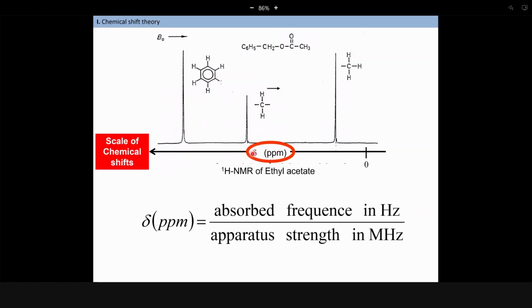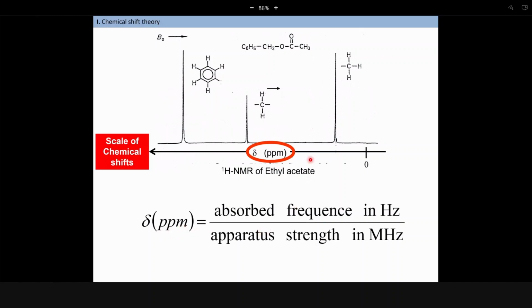And the unit is ppm, parts per million, and it comes from the division of the frequency of resonance of one peak by the value of B0 in megahertz. And we multiply by 10 to the power 6.